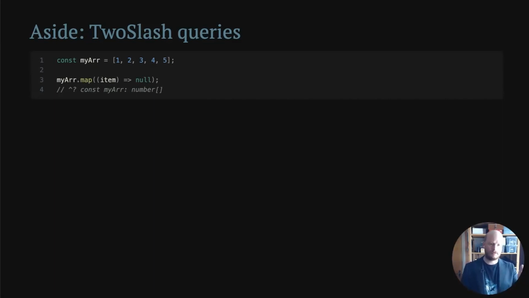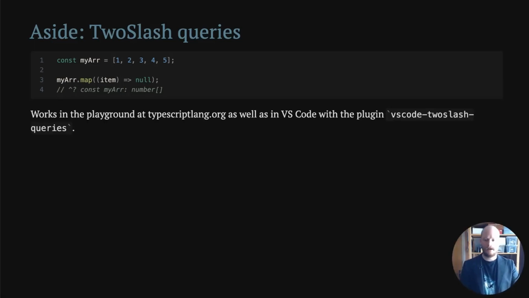And that you can use for anything in TypeScript if you don't want to hover over stuff, but to actually see what is being inferred. And this works partly on the playground at typescriptlang.org, and it works in VS Code if you use the plugin VS Code twoslash queries, which is really handy when you're doing complex types and trying to figure out what is actually going on.